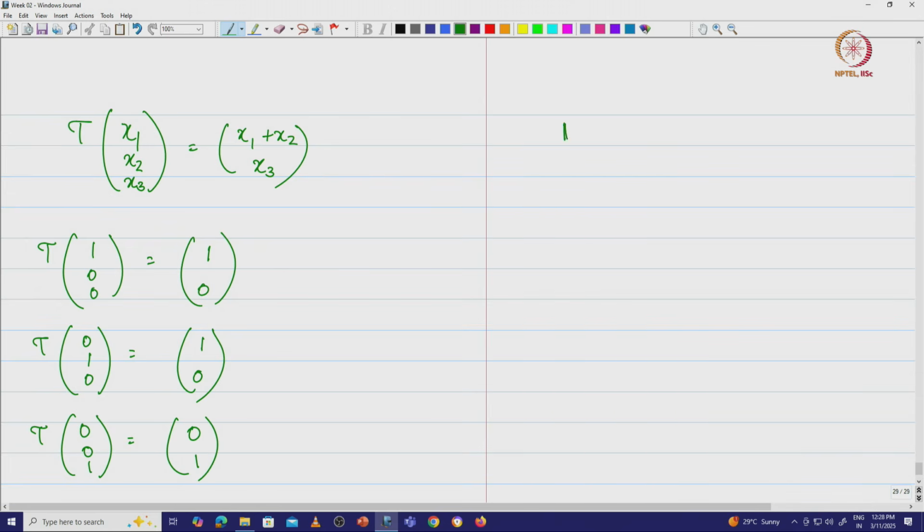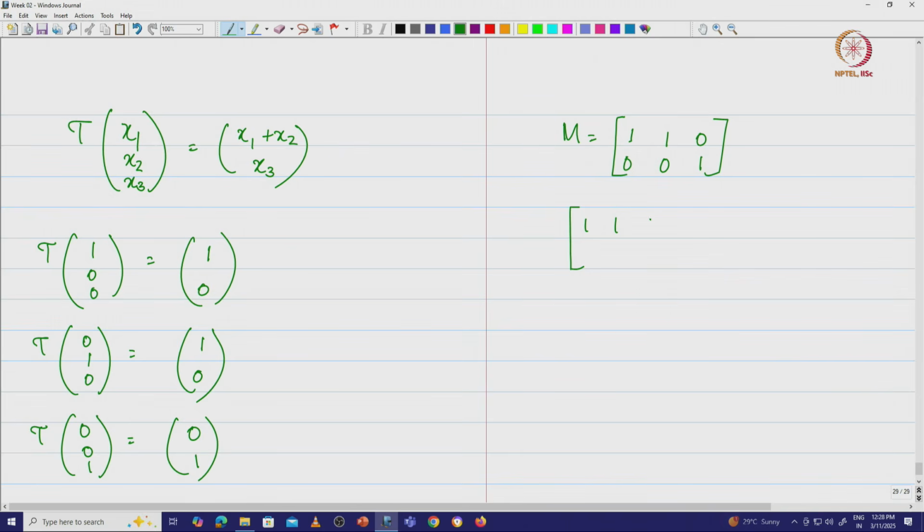Therefore, what is the matrix that is associated with this? The matrix associated with this is basically 1 1 0 over 0 0 1. So, what does this do? This matrix, if you see, is going to take any vector. This is what we had. So, we can very clearly verify this.